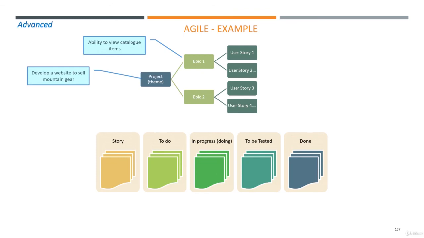And that's the key advantage of Agile: instead of ticking all the boxes and having everything done perfectly, I want to go on the market quickly, and then I will build on that. So I have this first epic here, ability to view catalog items. And after, I create another epic, which is the ability to purchase items.